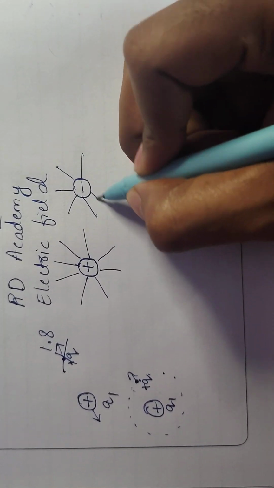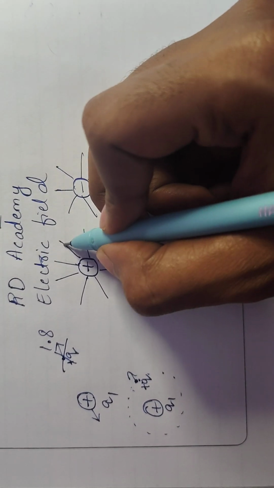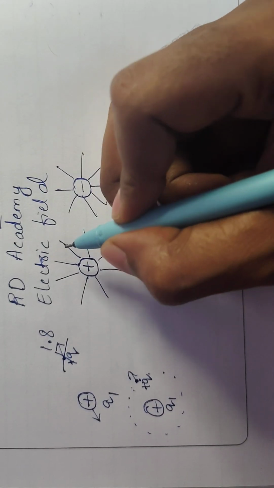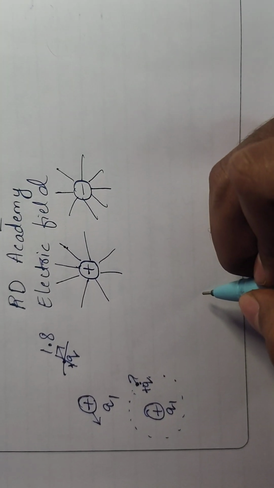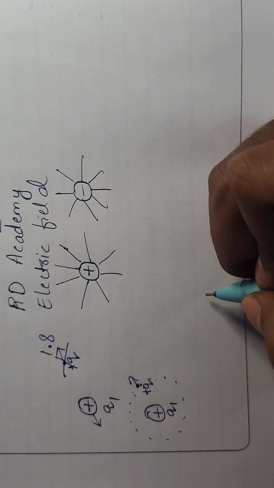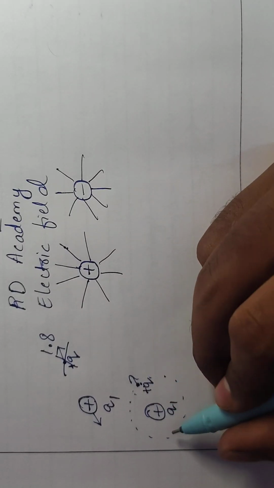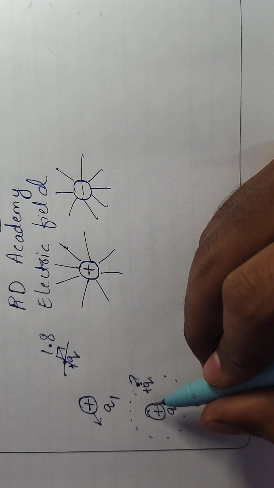And the moment you bring an external charge to this particular point, this electric field exerts a force on that charge and it starts to move. So electric field is nothing but a way in which we can explain why two like charges move away from each other or two unlike charges attract towards each other.